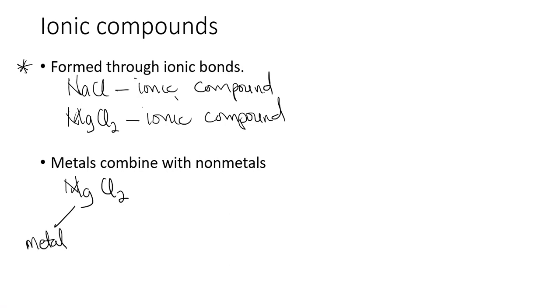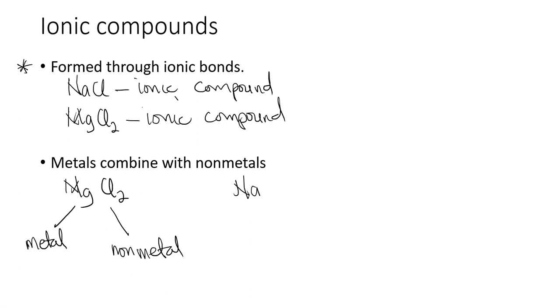One of them should be a metal, and we'll see what metals are when we deal with the periodic table. And the other atom should be a non-metal. So we are saying we are combining metals and non-metals in this type of chemical bond.